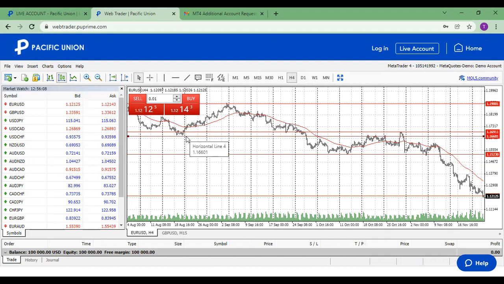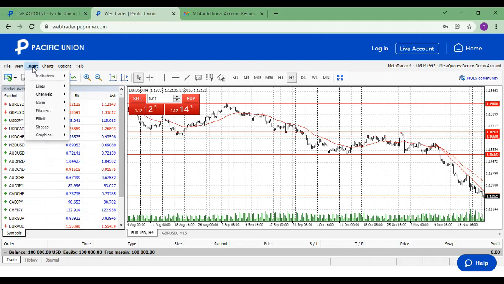Then you just plot it out, and it's plotted automatically for you. Then you could use it to plot either support or resistance. Apart from that, you could use your trend line to plot the dynamic support and resistance. So you could have something on this line. Exactly. And the third one is the moving average.